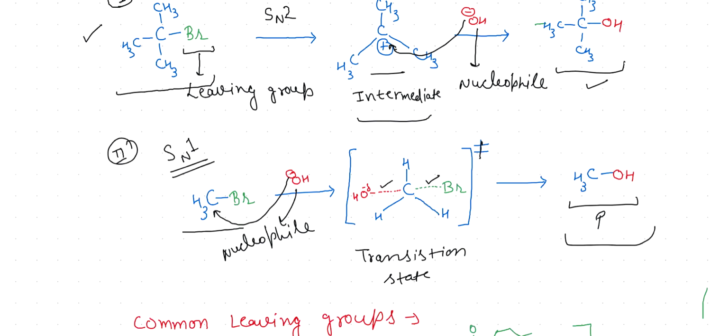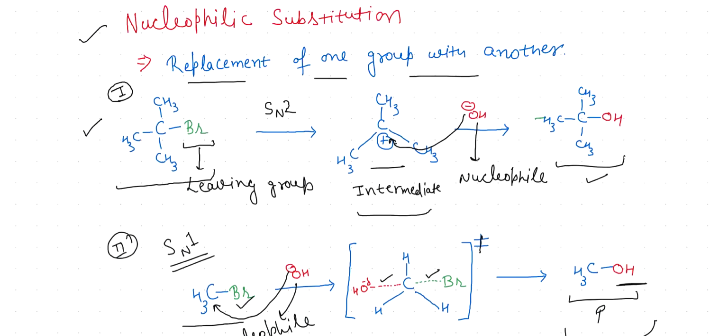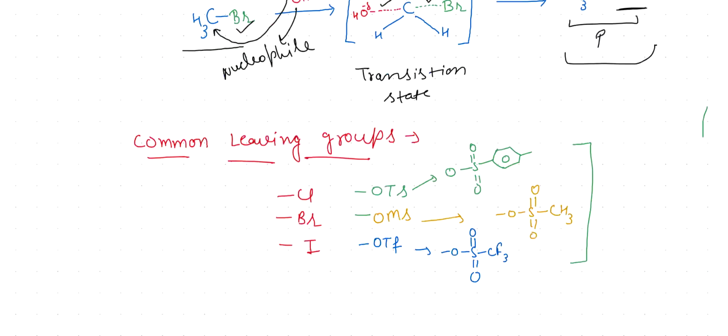So this was all about nucleophilic substitution reaction. We have seen in this that the bromine group is replaced by the OH group, and this is also true in the first example, where the bromine group is replaced by the OH group. So there are some common leaving groups.